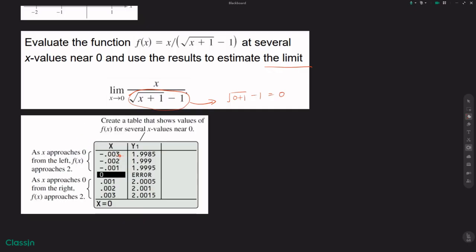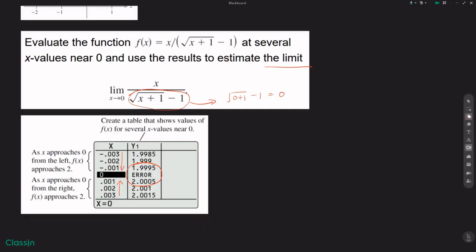So work your way from farther to nearer, to see what happens to the function value when x gets closer to the value you want. And I hope you can see that. The trend of the function seems to be 2.